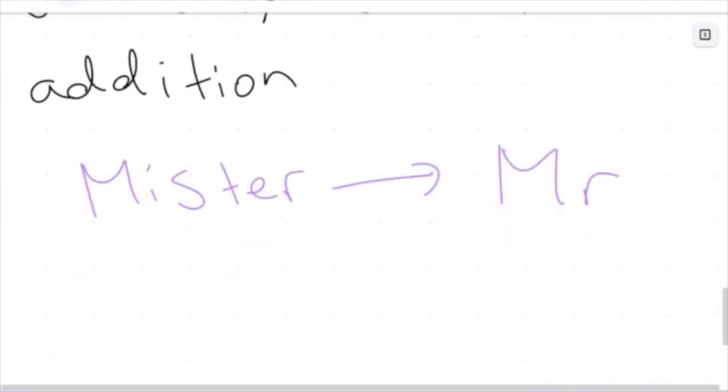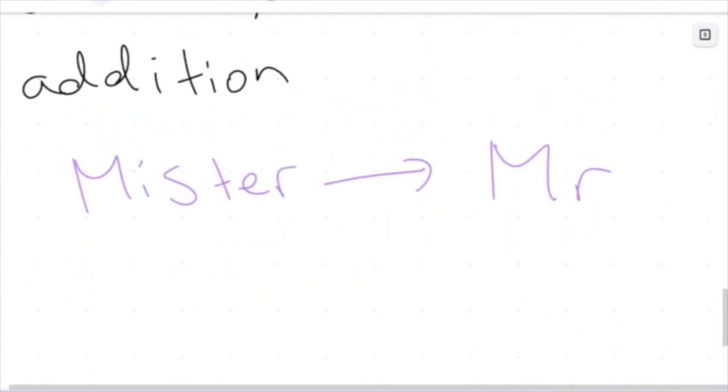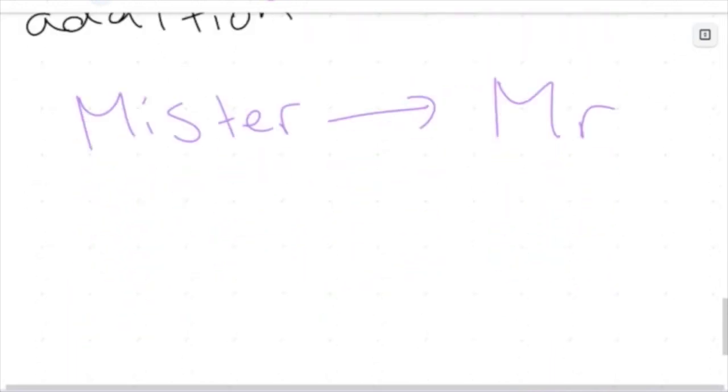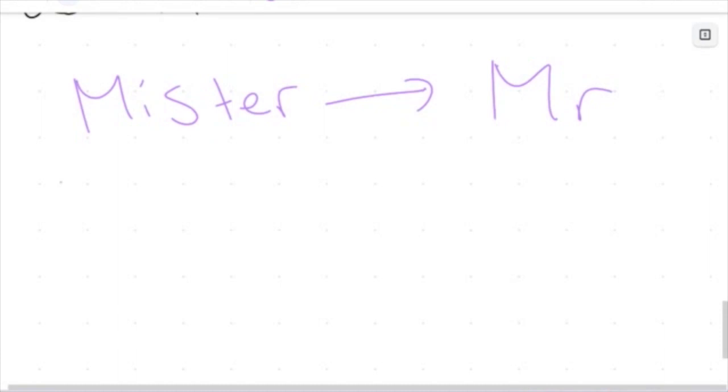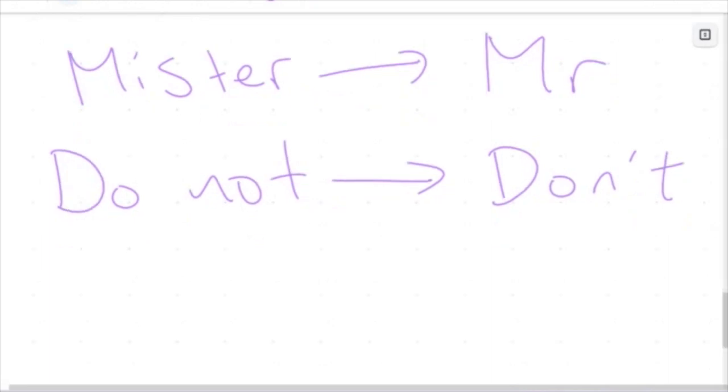So from Mister, I write M R. This is what we call an abbreviation here. Same as the phrase do not, I write that in a shortcut way. I abbreviate that as don't. It's just an easier way to write the word. It's shortening it. That's what we get when we multiply, guys.